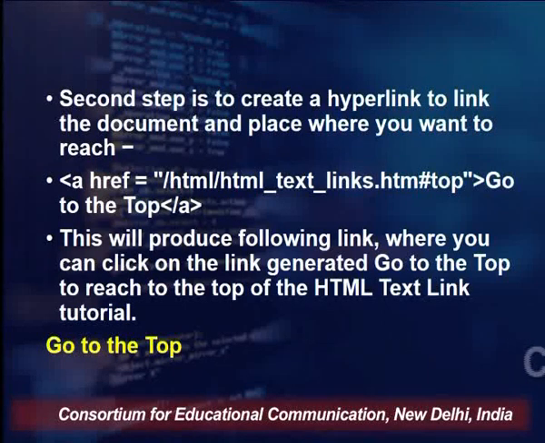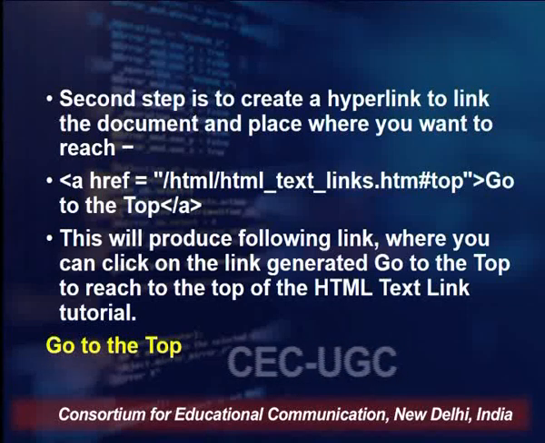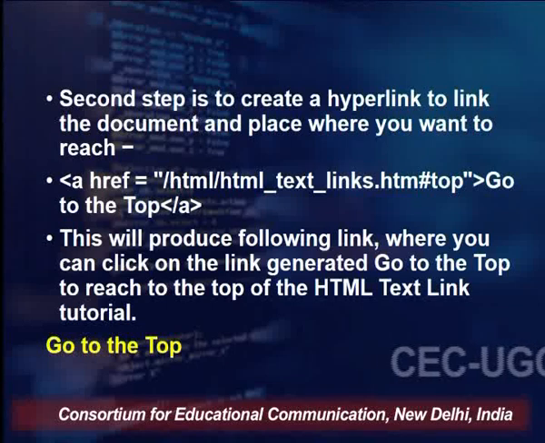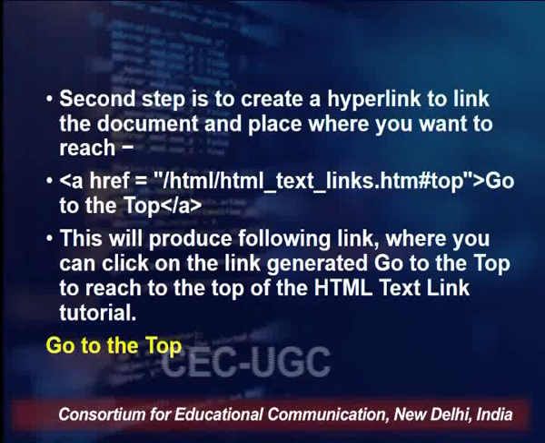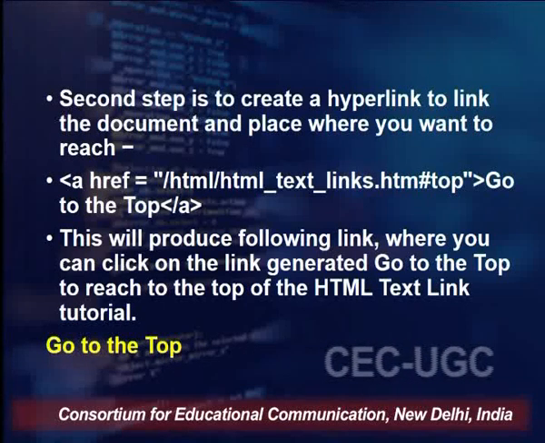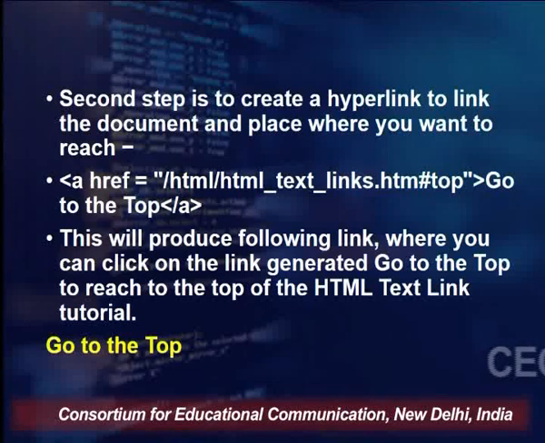On the top portion we have HTML text links written, and please remember that is not a link, only a label is attached to that text, and at the bottom of the page we have one link which says go to the top. Whenever I click this go to the top, it will take me to that particular text, or place my cursor at that HTML text links.